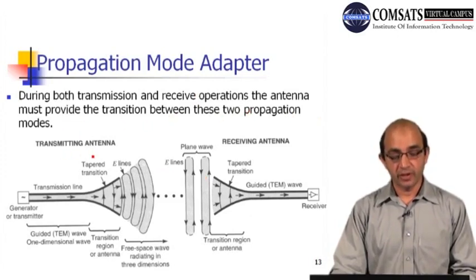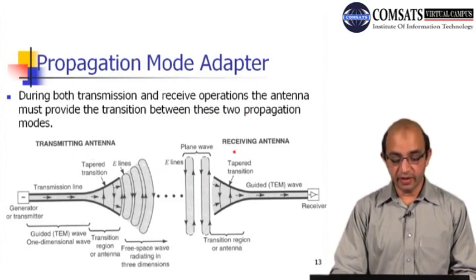So this is the transmitting antenna and this is the receiving antenna. Here you can see the alignment of the modes of propagation, plane waves, and here we have E waves, so trapped transition. Here this is the transmission line source that is generating the energy in order to have the EM waves or waveguides.